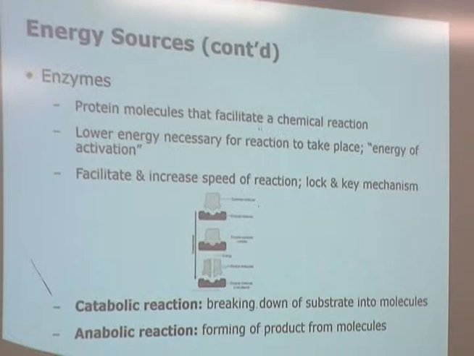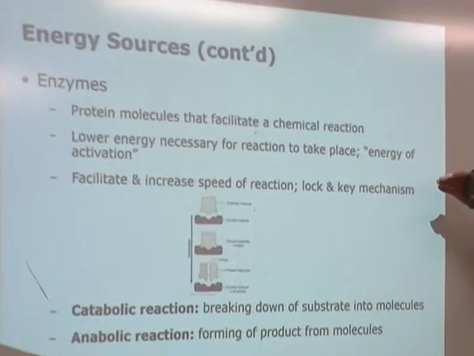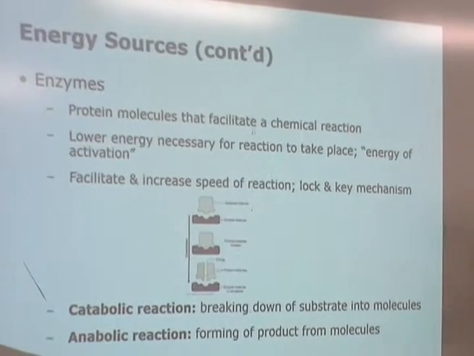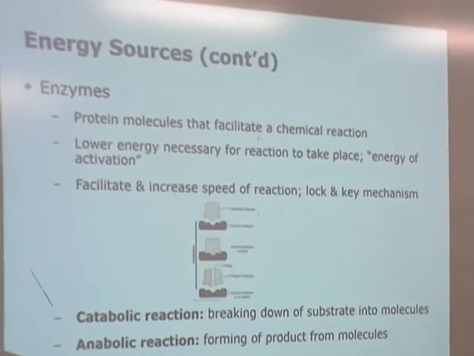It doesn't cause it, but it helps us out quite a lot, right? So they make chemical reactions in the body work a little bit quicker and a little more efficiently. So they enable us to break down the food substrate a little faster in whichever particular way we're doing it, so that we can get at the energy a bit quicker.